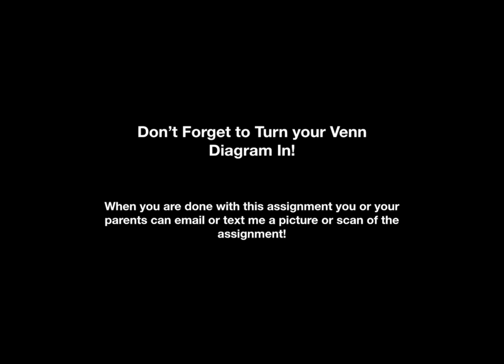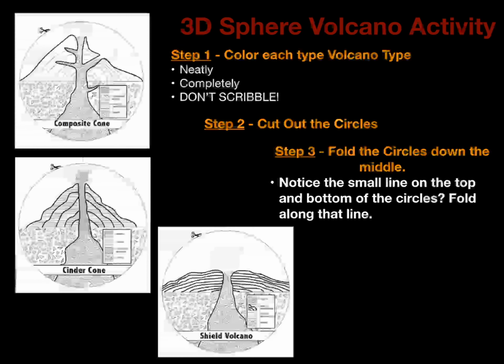Your parents have my email and my phone number. And if they do have a scanner, some people have scanners, then you are also welcome to scan the assignment to me as well. Just please make sure your name is on it, even though I can figure it out by figuring out your parents' email and what child belongs to them. It would be easier for me if you just put your name on it.